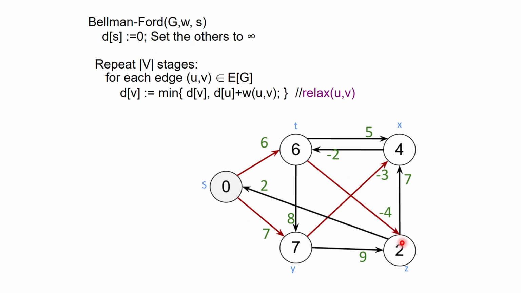A different way to relax this would be going here. That would have been a 7 plus 9, but you go through every edge and you keep taking the minimum. So if you do this before that, then the second value will be overridden. If you start with this and then you do this, the second relaxation will not have an effect.